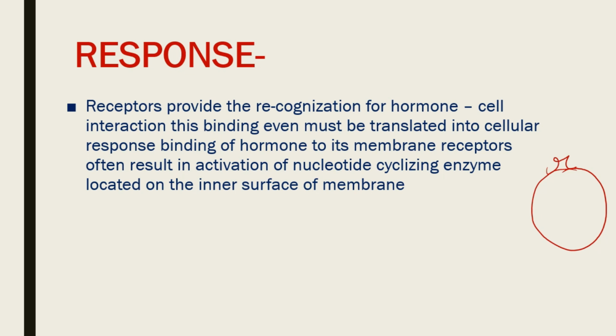So they need receptors on the cell membrane, so these hormones will act on these receptors and form a hormone cell interaction complex, and this binding will be converted into a cellular response that will be a secondary messenger, and this mainly results in the activation of the nucleotide cyclase enzyme located on the inner surface of the membrane.